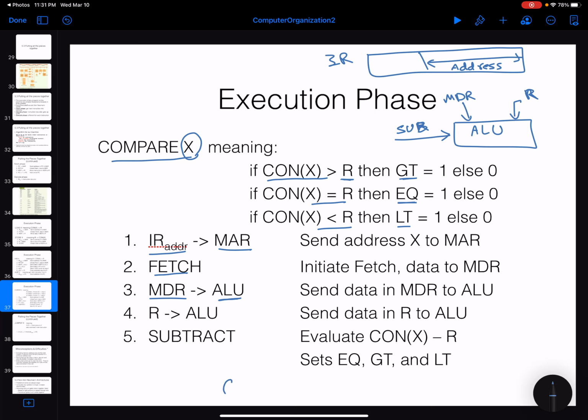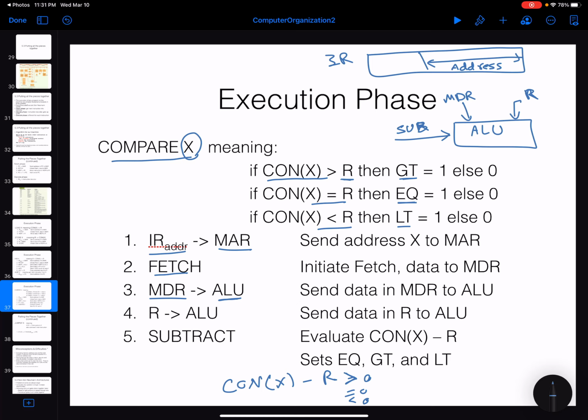If the content of memory X minus the content of register R is greater than 0, if it is a positive number, it means that the content of X is greater than the content of R. If it is equal to 0, it means that they are equal. If it is negative, it means that the content of X is less than the register R.